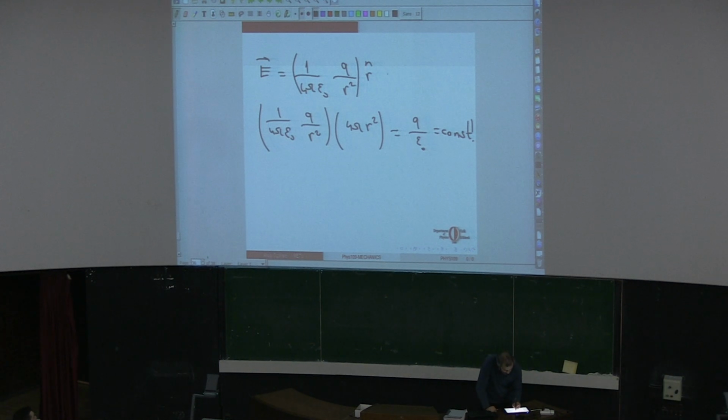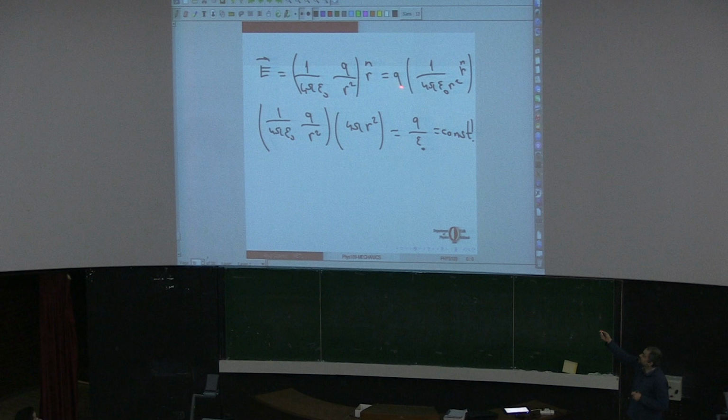This is equal to q times 1 over 4 pi epsilon 0 r squared in the r hat direction. Now this whole thing is a vector that points away from my charge. If Q is positive, if I multiply this vector by a positive number, its direction will not change, only its magnitude will change. But if Q is negative, then its magnitude will change and its direction will change.